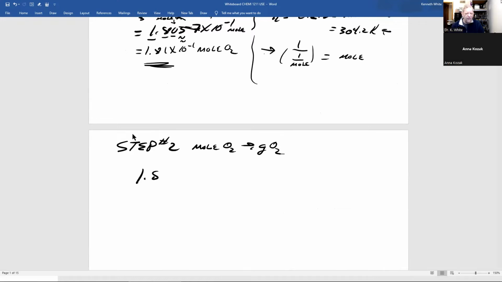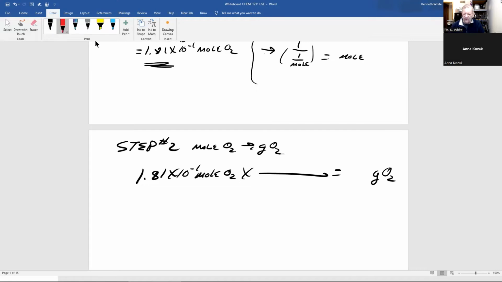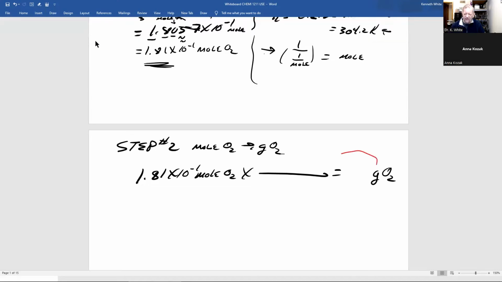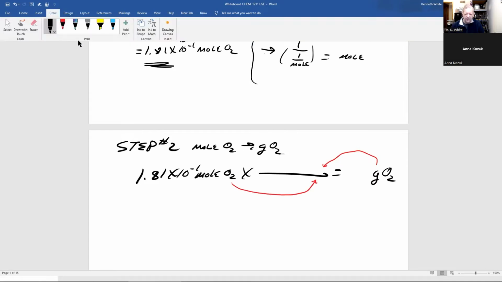So we have 1.81 times 10 to the minus 1 moles of O2. We want to convert that to grams of O2. And what do we use? Our good buddy, our good friend, unit analysis. Whatever you're trying to get to goes on top of the ratio. Whatever you're going to get rid of goes underneath. And I'll write those units in.